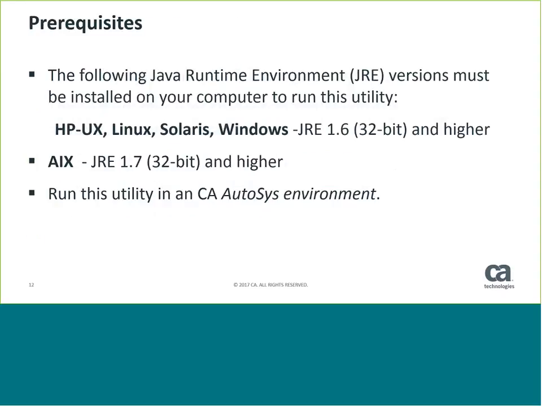So what are the prerequisites? Normally I wouldn't bother with this, but having been through this a couple of times with some customers, the biggest gotcha we came across was making sure, number one, that the JRE we're using is 32-bit and is 1.6 or higher, and on AIX 1.7, and that you run the utility in an AutoSys environment.